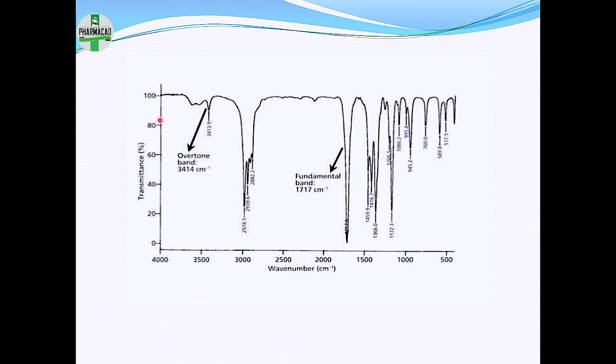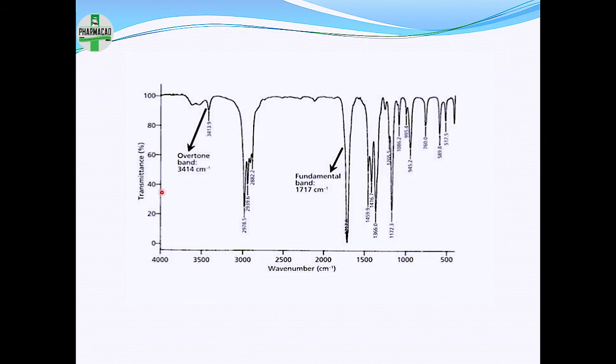So basically a typical IR spectra will be a graph of the percent transmittance versus the wave number. Now unlike any UV spectra, you can see that you are getting the spectrum as an inverted peak. Why is it so? Because we are plotting transmittance on the y-axis. So basically transmittance is the reverse of absorbance.